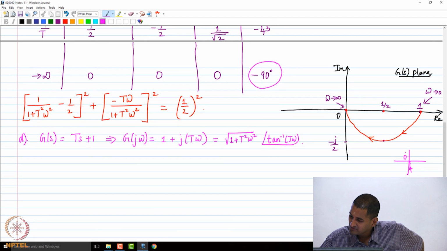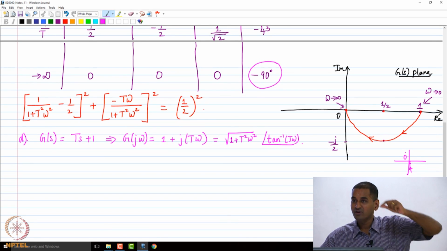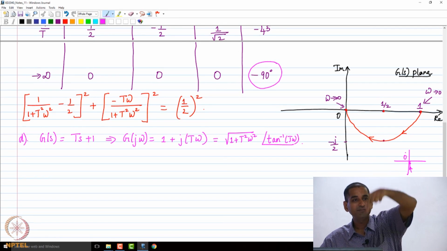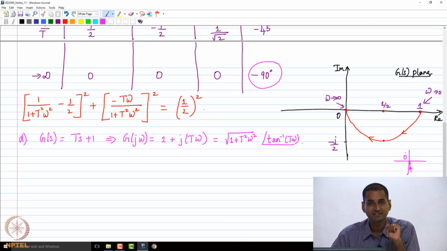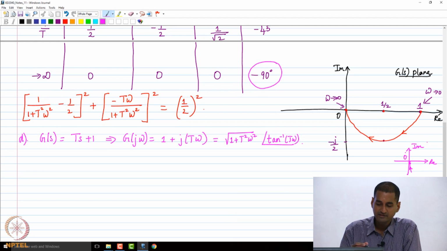If you zoom in further and further, and draw a vector from the origin to that curve, it is going to be at an angle of minus 90. That's why I put minus 90 there. Is it clear? So that is the reason for the phase becoming minus 90 as omega tends to infinity for the factor 1 by Ts plus 1.